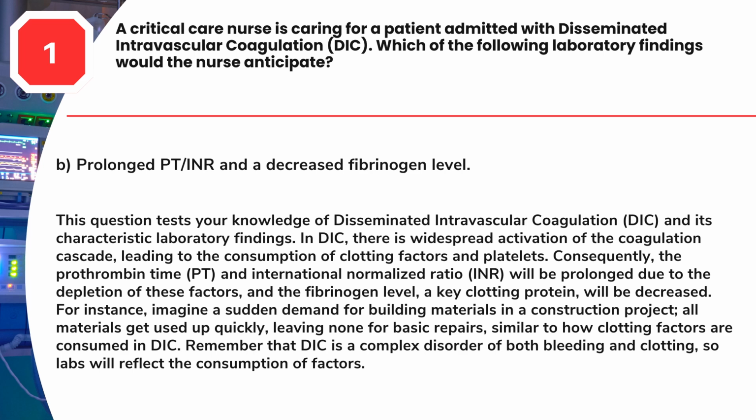For instance, imagine a sudden demand for building materials in a construction project. All materials get used up quickly, leaving none for basic repairs, similar to how clotting factors are consumed in DIC. Remember that DIC is a complex disorder of both bleeding and clotting, so labs will reflect the consumption of factors.